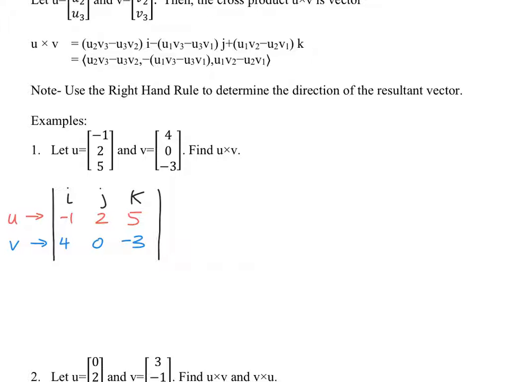Right, so what we do is we use our cofactor expansion across the first row, all right? So this is my a sub 1, 1, and we have a sub 1, 2. I'll do that in a different color, purple. And a sub 1, 3.